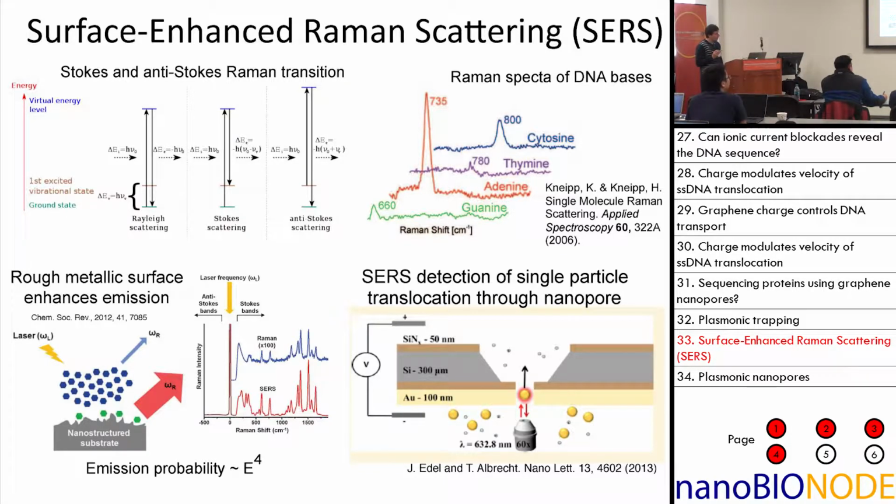What they did, they took a nanoparticle and coated it with lots of dyes. So it's not a single molecule per se. They don't detect a single molecule. There are maybe a couple hundred of them. But they can simultaneously measure the current blockade by this particle and the Raman emission, so all those things were together.